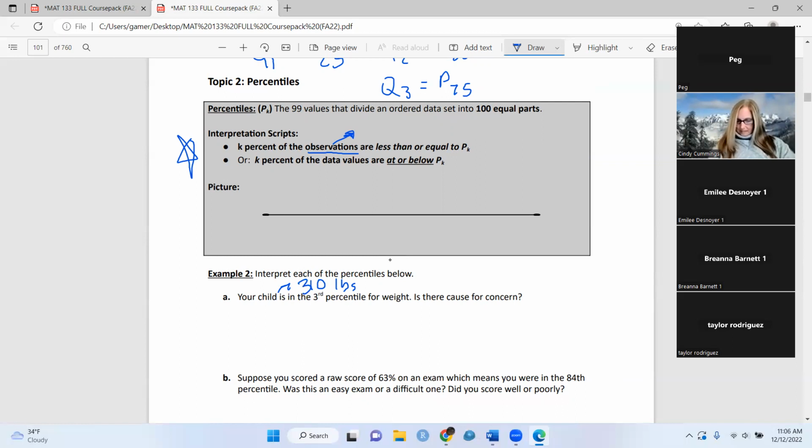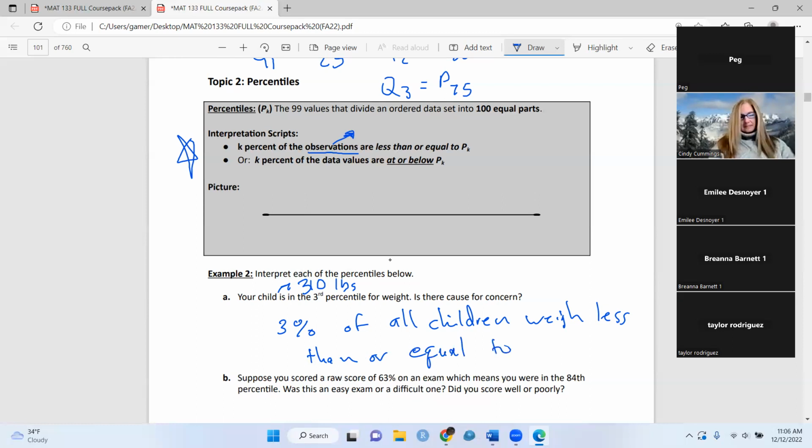So you would say 3% of all children weigh less than or equal to 30 pounds.